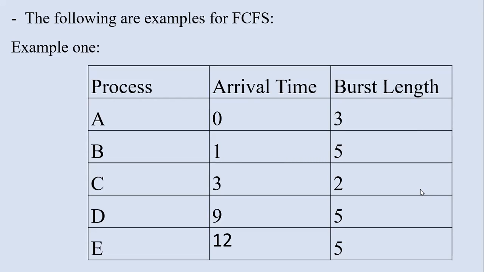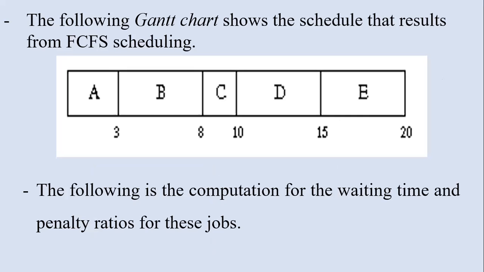The following Gantt chart shows the schedule that results from first come, first served scheduling. Remember, my dear students and the rest of the learners, we have said that in first come, first served, processes are assigned the processor based on their arrival. So each process has to wait for the previous one to be executed.